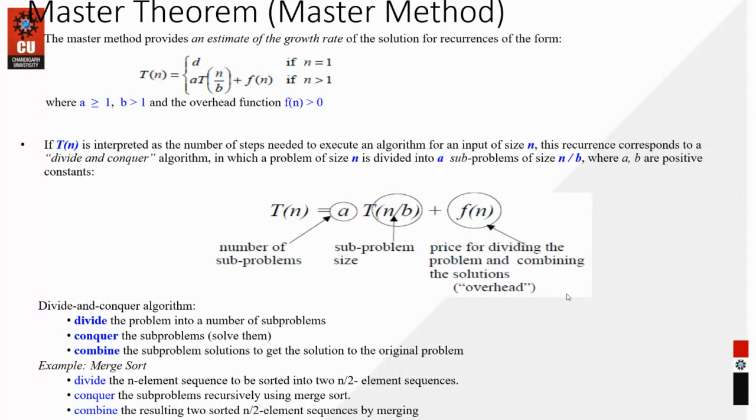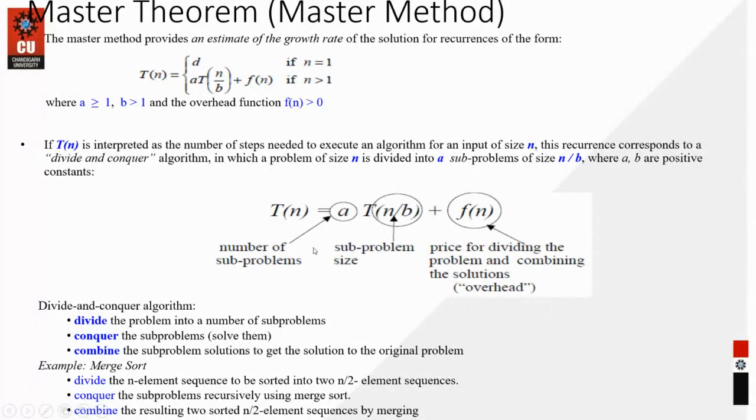You need to understand this: T of n equals a into T of n by b plus f of n. Now you can see we divide the n element sequence to be sorted into two n by 2 element sequences, then conquer recursively.